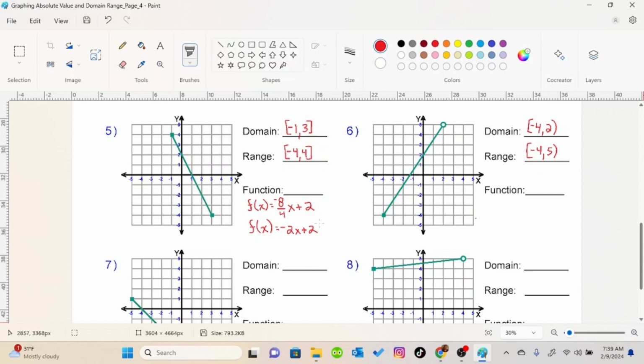of the hollow point. Our function would be f of x equals, our slope from beginning to end goes up 9 over 6.